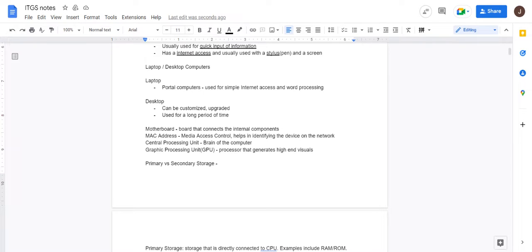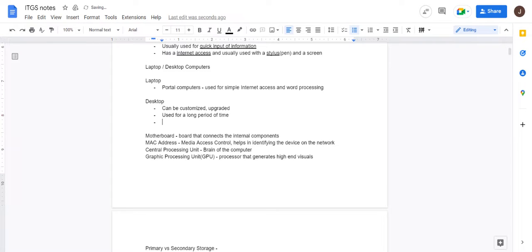In fact, you can even put it in a bag. So basically, that's portable. The primary usage of a laptop is usually simple internet access and word processing. Okay, so that's the difference between laptop and desktop. If you are asked about it, just say the first important thing: it's portable, versus not portable computers.